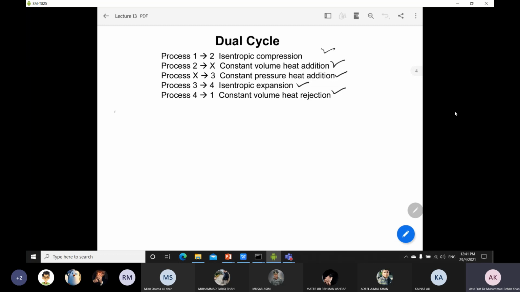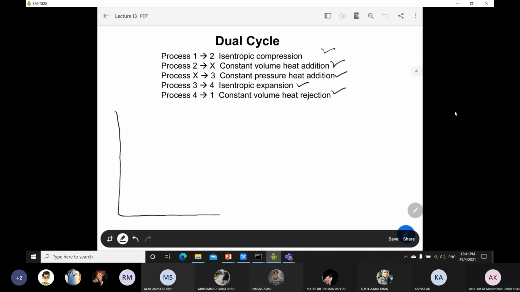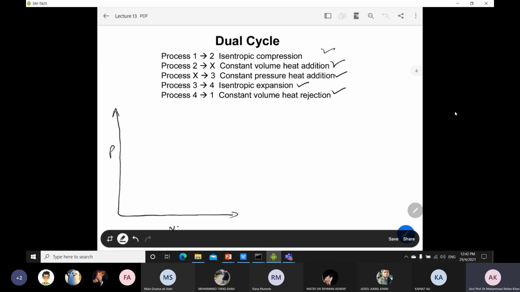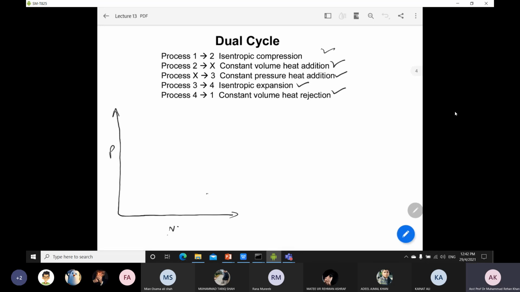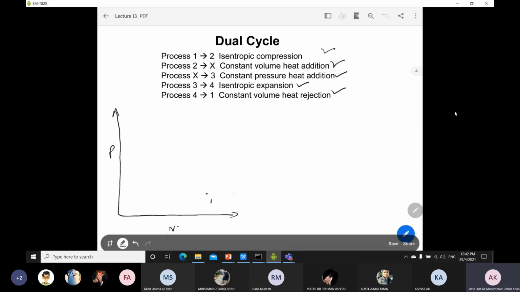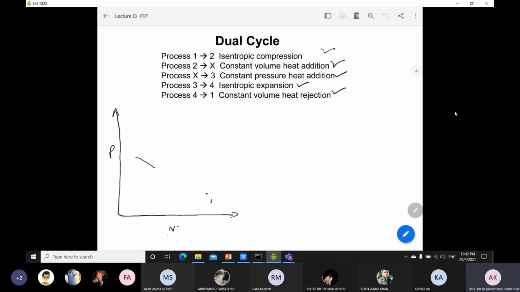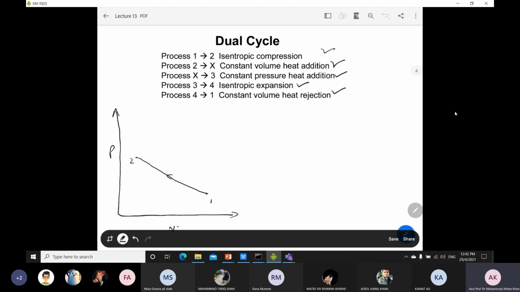Okay, so starting from the PV diagram first. As you know, for the isentropic compression, if there is a point 1 over there, after the compression process the volume will decrease. So point number 2 will be over there, something like that.